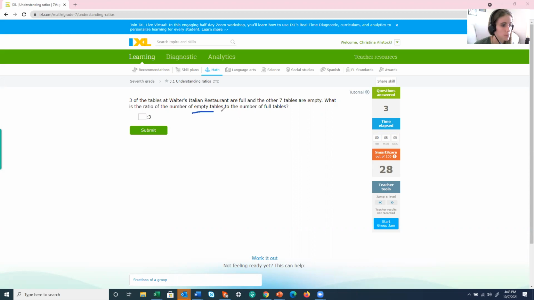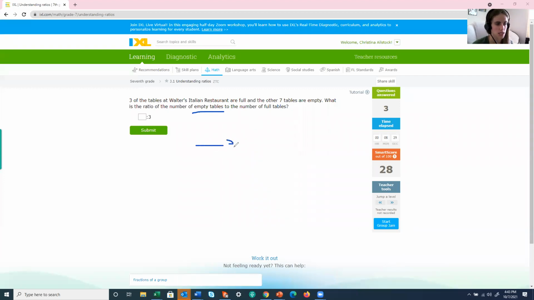We want to know empty tables. So I'm going to use an E for empty. So we want to know the number of empty tables compared to the number of full tables. And actually, I'm going to change the way I'm writing this because it kind of makes it look like a fraction.